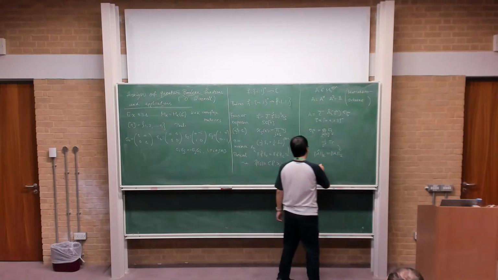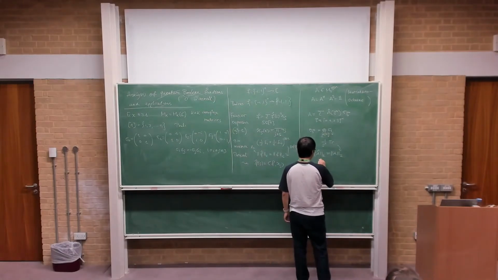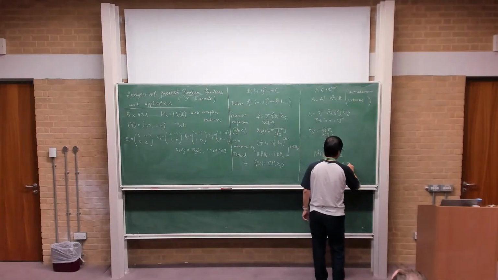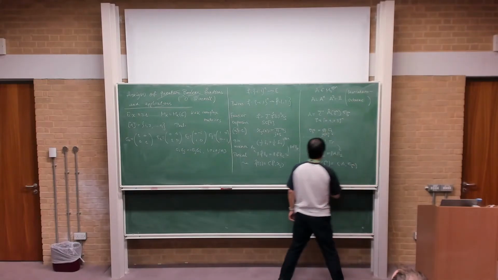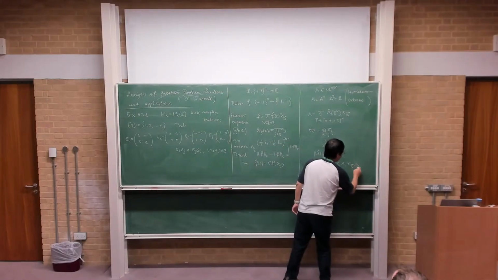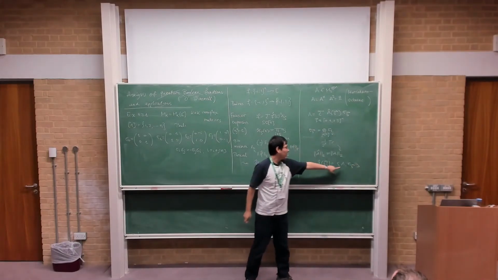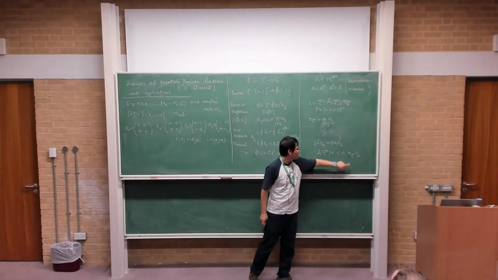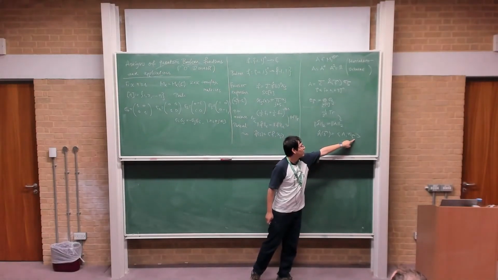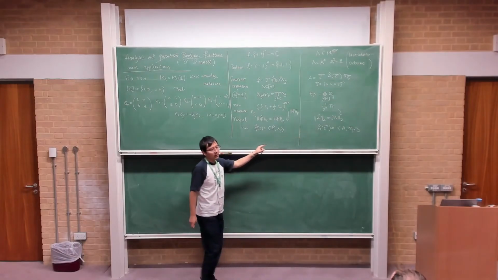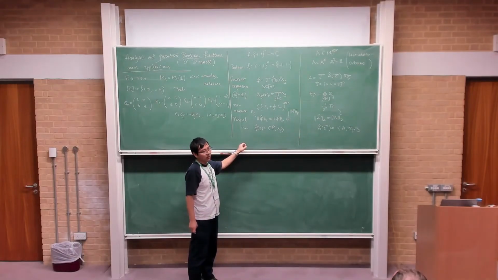Then if you want to recover your Fourier coefficient, it is again the inner product of your matrix A and this basis sigma_S with respect to the inner product induced by this normalized trace. Okay?